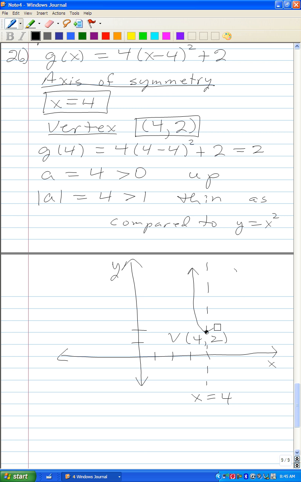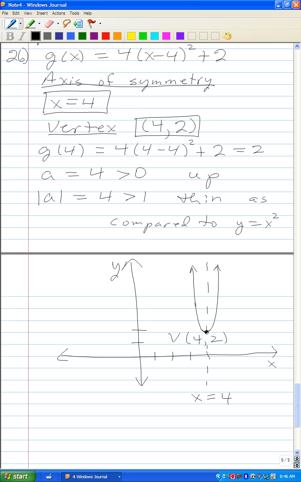Let me make it a little bit more symmetric if I can. Let's try this again. Now the other side doesn't look as good. Okay, let's try this again. It's not as bad. It's actually not too bad. Okay, that looks pretty good.